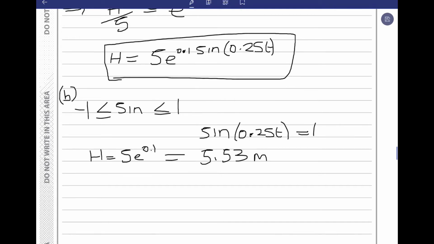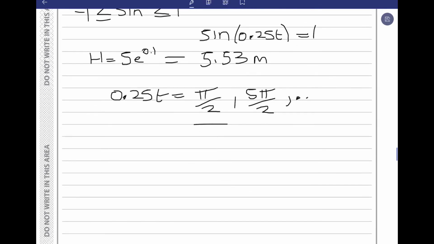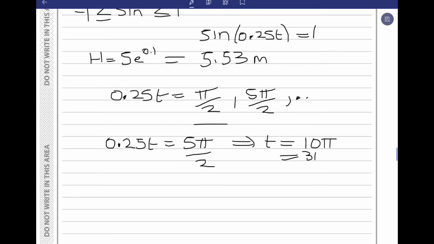And in order for that to happen, we need 0.25t to be equal to pi over 2, 5 pi over 2, etc. Now, our first value corresponded to this pi over 2, so we set 0.25t equal to 5 pi over 2, and this gives us that t equals 5 pi divided by 2, and then times by 4, it's 10 pi, which equals 31.4 if you want it in decimals.